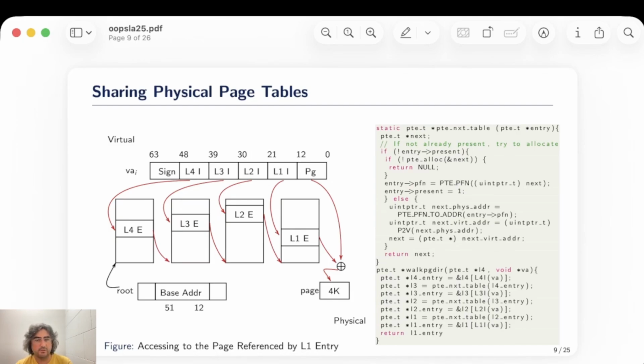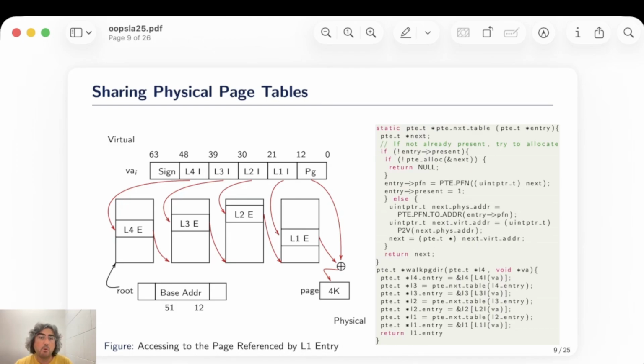Here we see on the right a function at the bottom, Rocq page directory. It's implementing the address translation, the traversal of the page table tree, which calculates the root address of the next table, and then gets the index to the entry for that level from the virtual address. And if that entry does not exist, then it allocates one and puts it in there.